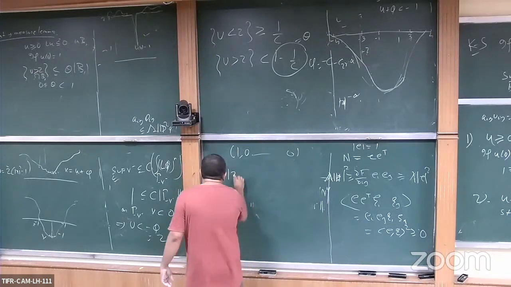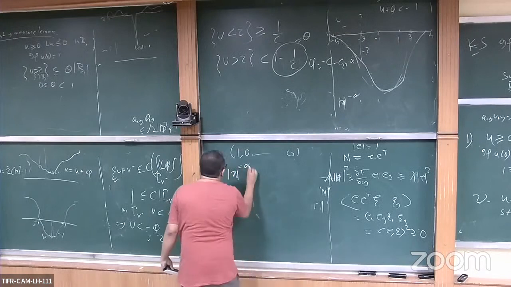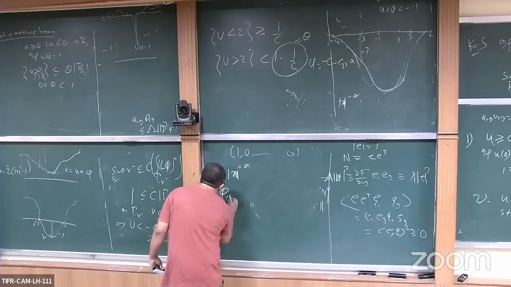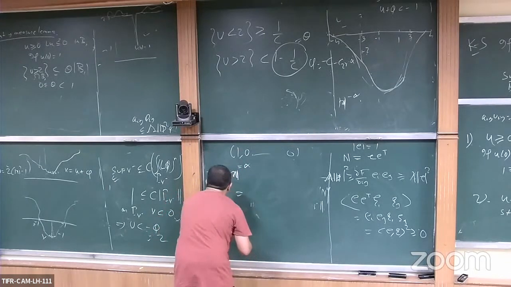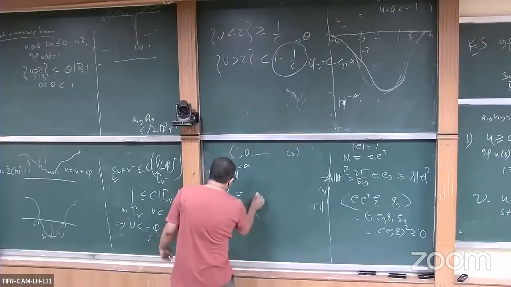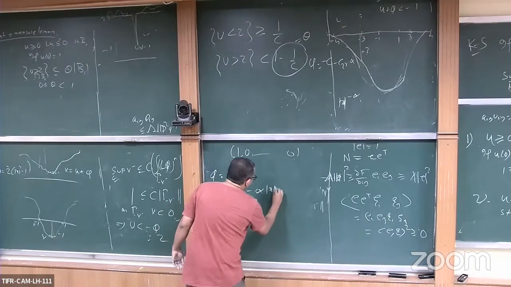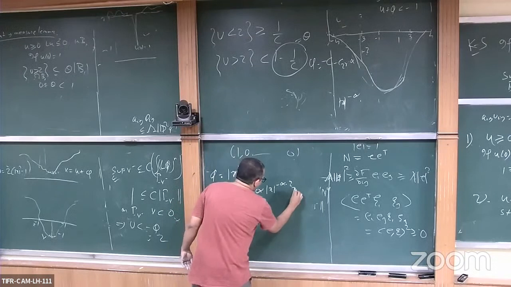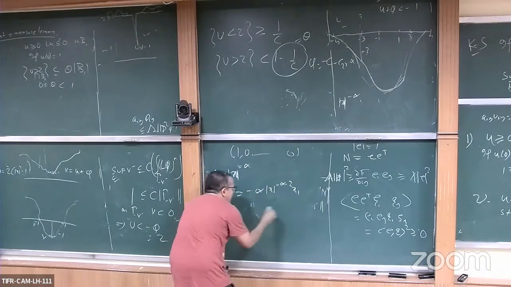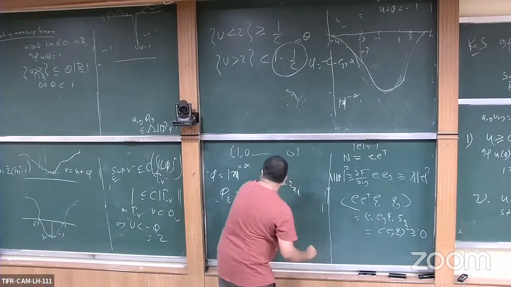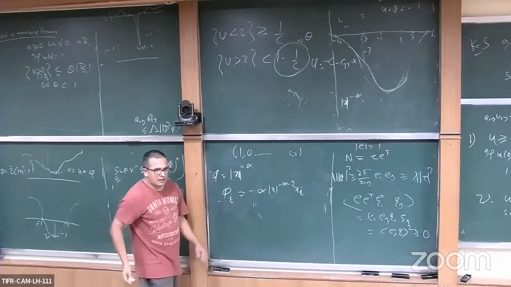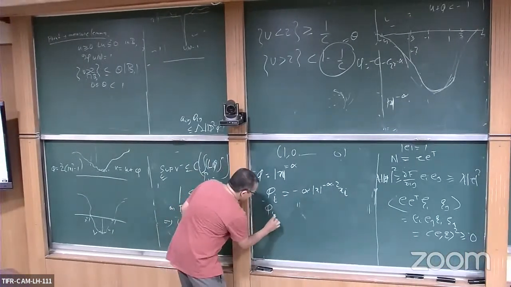So now let's do the computation. So this is my function phi. Phi I is 1. So phi 1 is minus alpha mod x to the minus alpha minus 2 x1. And if I do phi I, this is x1. Right? And then what is phi ij?